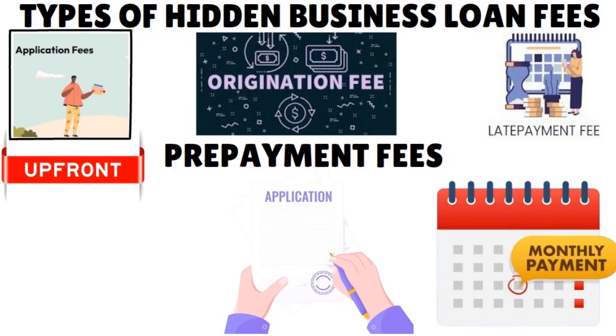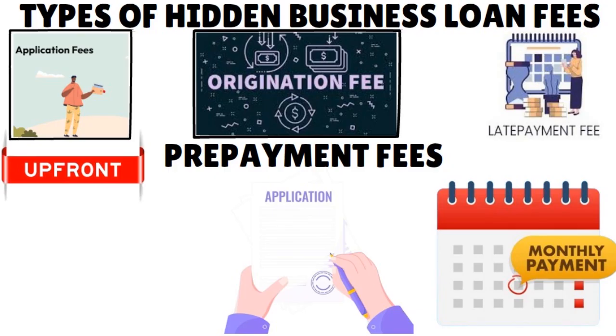Besides application fees, you also have origination fees. That's what a lot of consumers know. Origination fees are a lot like application fees because they pay lenders for the administrative expenses of making you a loan offer. Oftentimes you will be charged either an application fee or an origination fee.